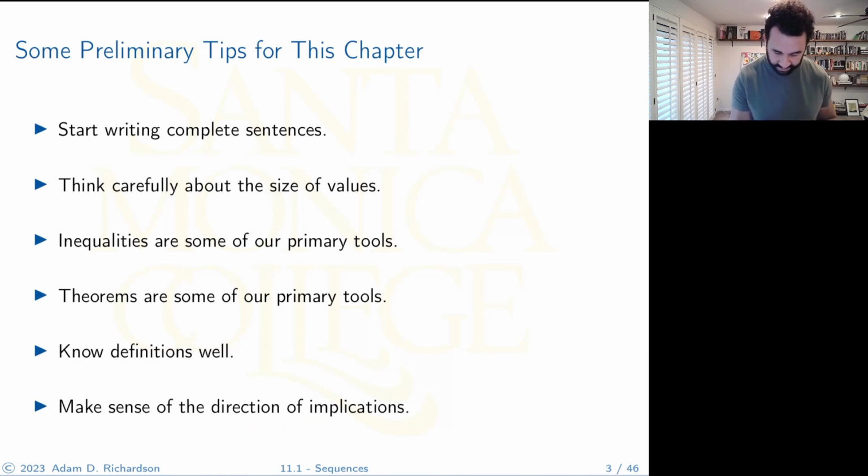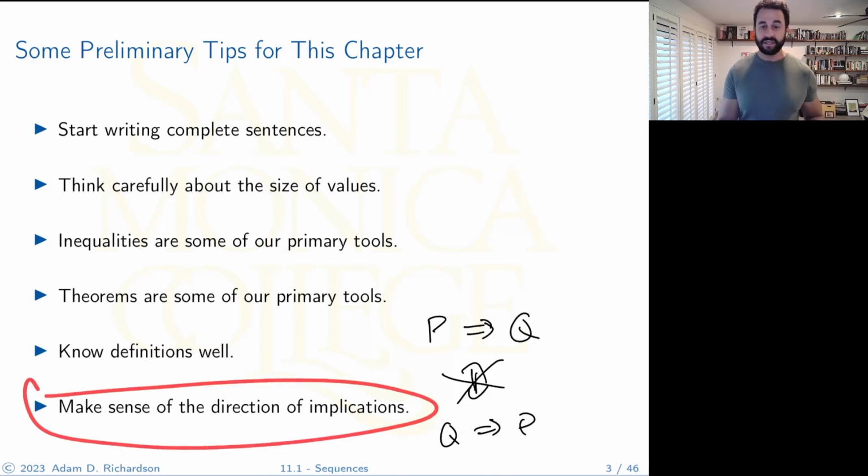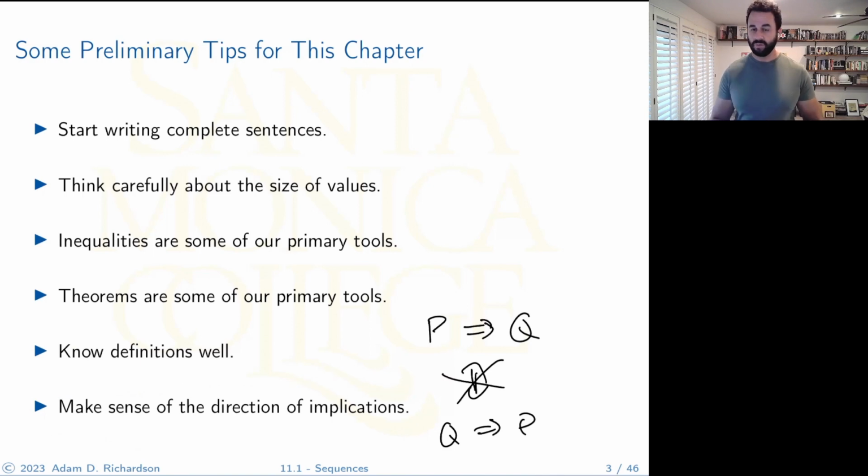And what I had mentioned in my previous lecture, 11.0, is basically this idea that if P implies Q, that does not mean that Q implies P. So be very, very careful about the direction of implications and make sure that you're trying to make sense of the direction of implication. Which way does the implication go? This way or this way?